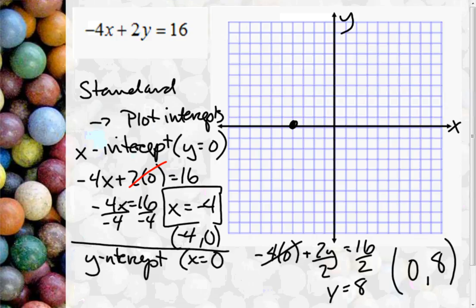So my y-intercept, I'm going to go up to 0, 8: 2, 4, 6, 8. And then away you go. Now again, if you want to multiply it out, divide, etc., you can. This is going to be a lot faster, easier, nicer, neater, more impressive at parties.